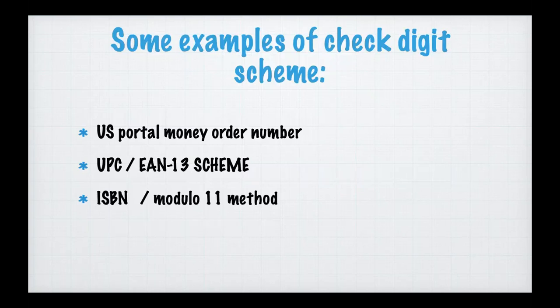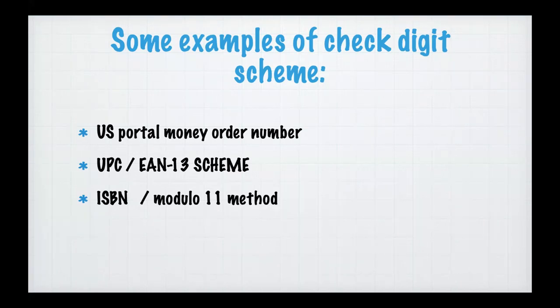The US Post Office uses an identification number system for postal money orders. These identification numbers are 11 digits long, and the first 10 digits, it will sum and divide by 10, check the remainder, and the remainder is appended to the end of the scheme.